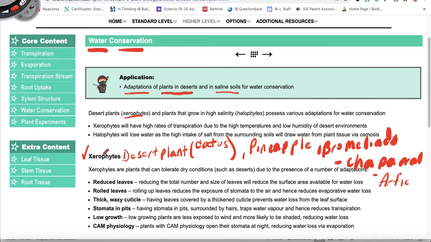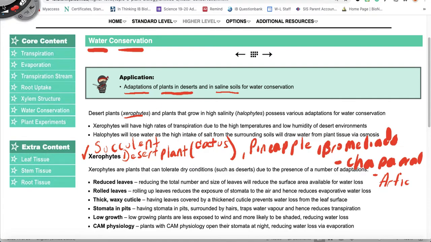So all of these are examples of xerophytes. If you're having trouble finding water, then you are called a succulent, and succulents have adaptations where they can store water in their stems and their modified leaves, for example.